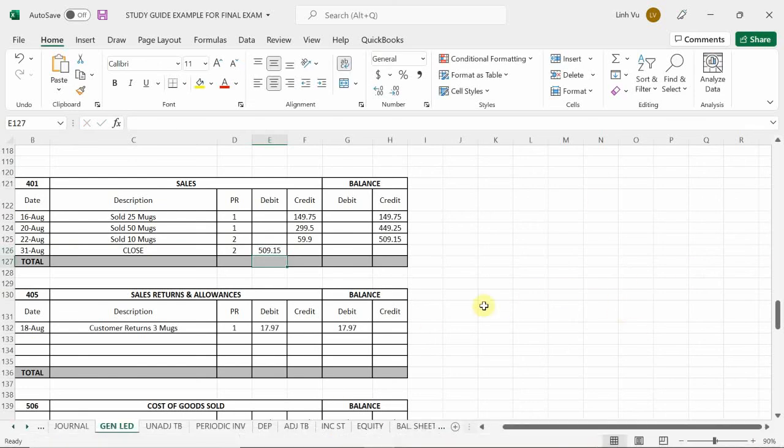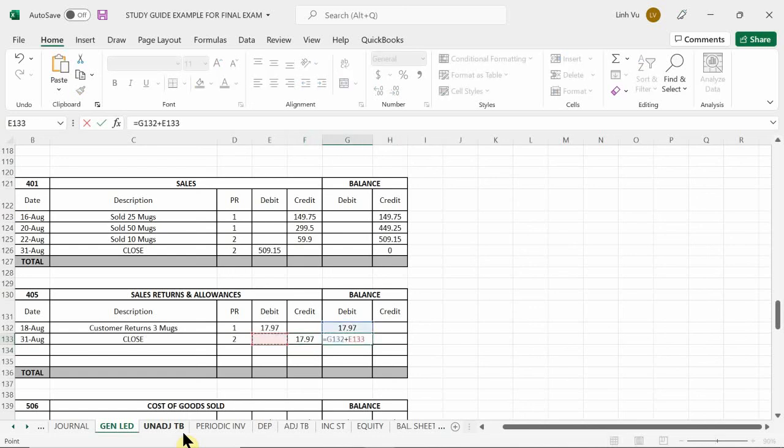Should bring my account balance to 0. Okay. And we also closed out my sales returns and allowances for 1797 on the credit side.